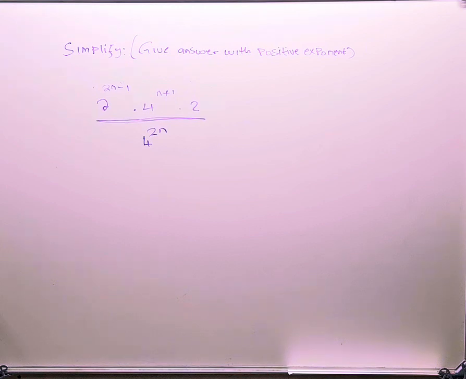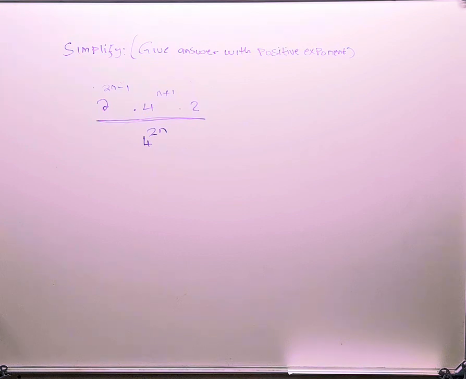Now we need two laws: law 1 and law 2, the multiplication rule of exponents and the division rule of exponents. And remember, I will work with this with any steps that I can see, it's much easier for me.